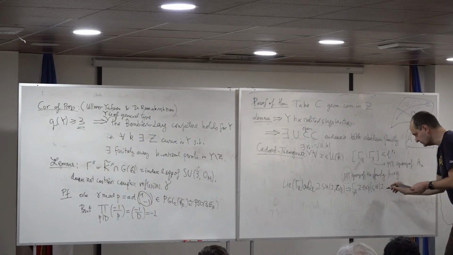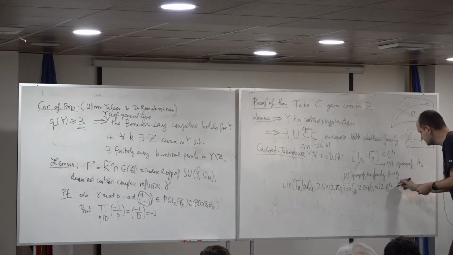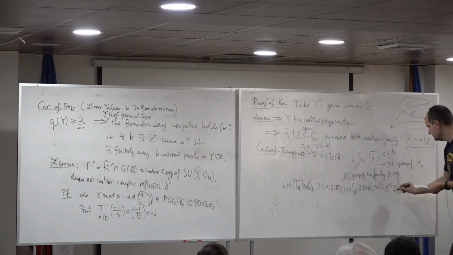SU2 is SL2 over Z_l, just by the classification of Lie groups of small dimension.